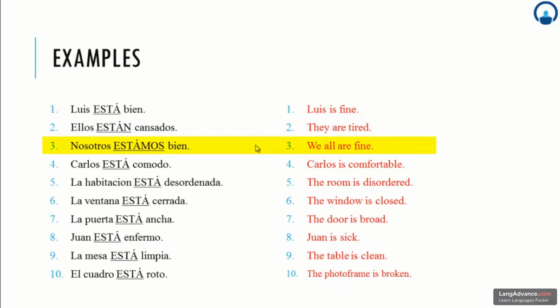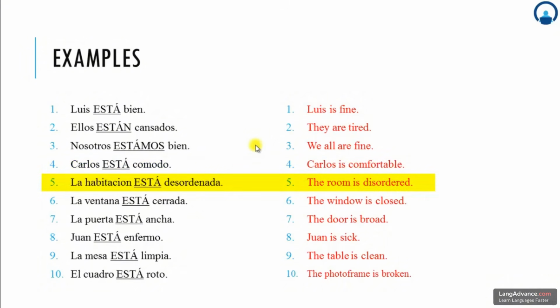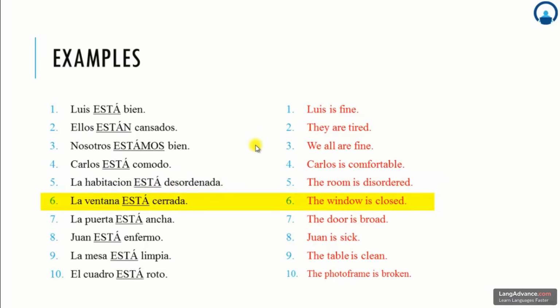We all are fine. Carlos está cómodo. Carlos is comfortable. La habitación está desordenada. The room is disordered. La ventana está cerrada. The window is closed.